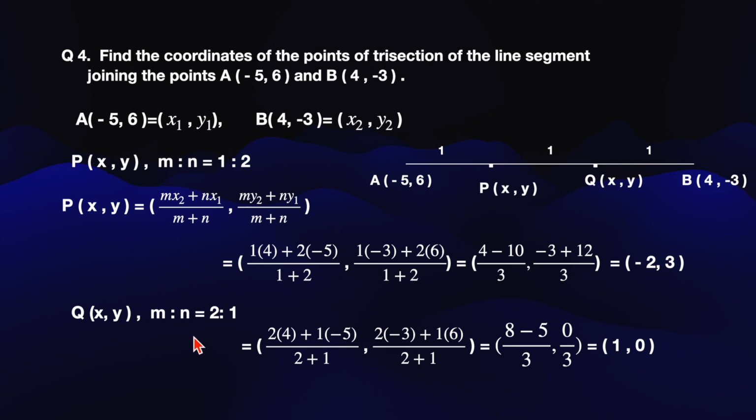For the point Q, it is 2 is to 1. That's all. You got the ratio. The x1, y1 is the same, that is this point A, and this point B is x2, y2. Apply the section formula. You will get the answer as (1, 0). So coordinates of Q is (1, 0). Coordinates of P is (-2, 3).